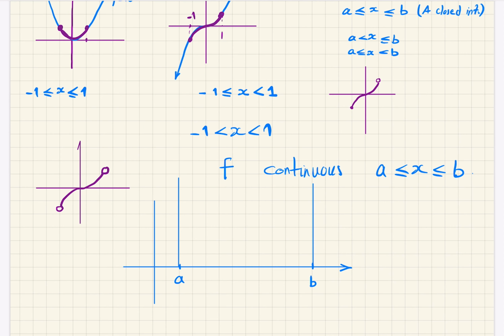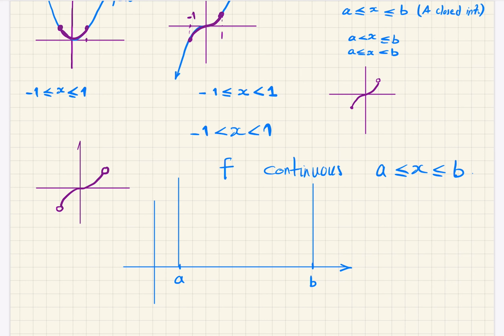For example, I can have this situation, where all of these points are the highest point. But at least I will have one highest point and at least one lowest point. This is what I want you to convince yourself of. By drawing some diagrams intuitively, you will definitely be convinced, if the interval is closed.